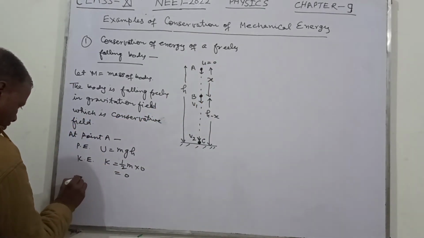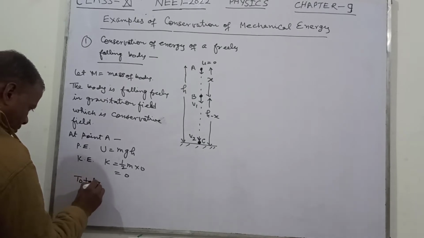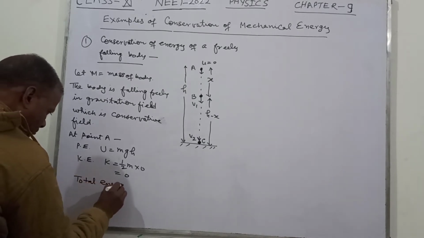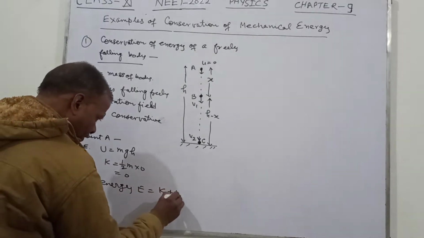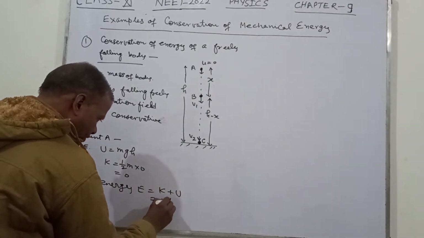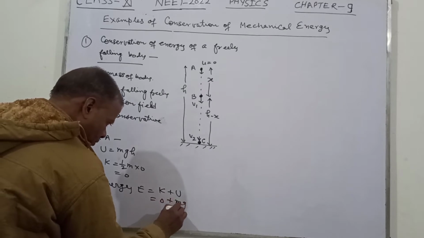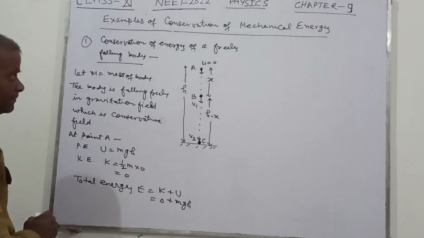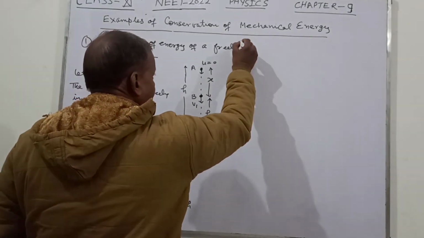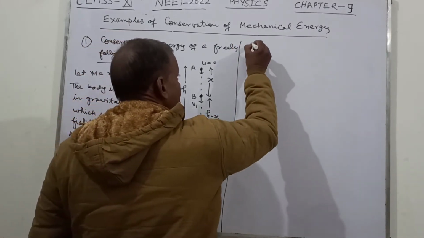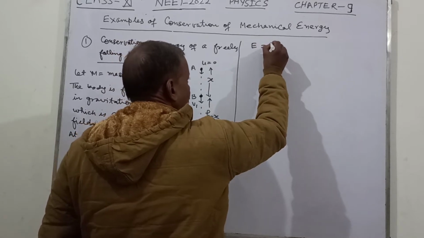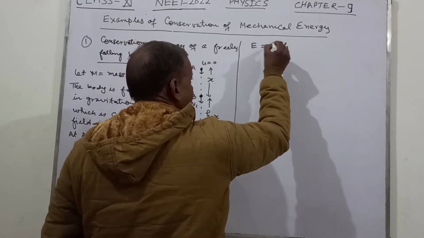So total energy E equal to K plus U. K is equal to 0, U equal to mgh. So we get E equal to mgh.